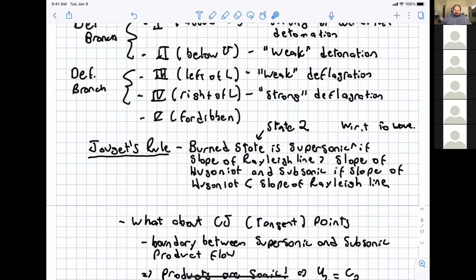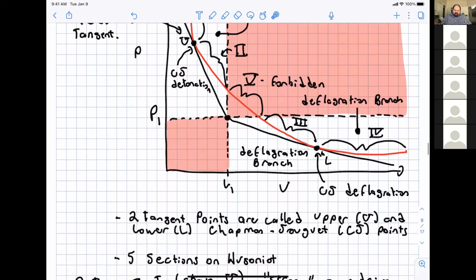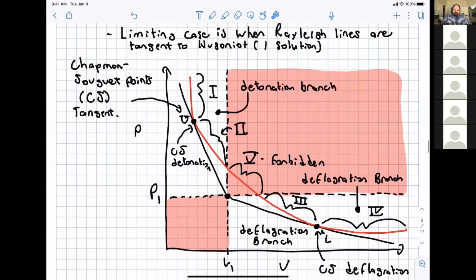And so what does this mean? This means that if we have a Rayleigh line that is crossing through this point here, the Rayleigh line has to start at the origin and then go up.